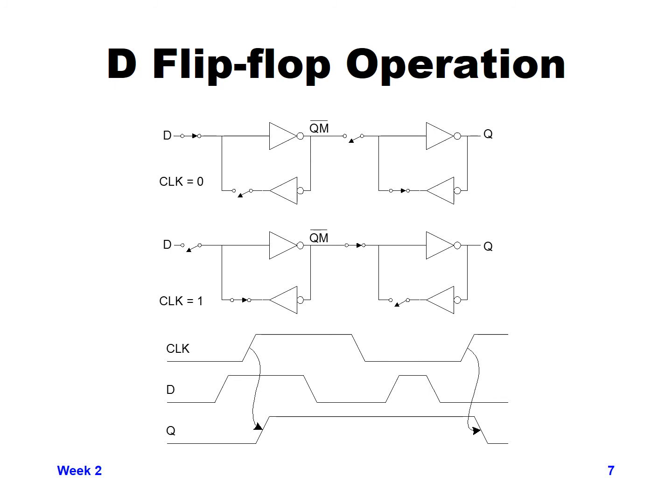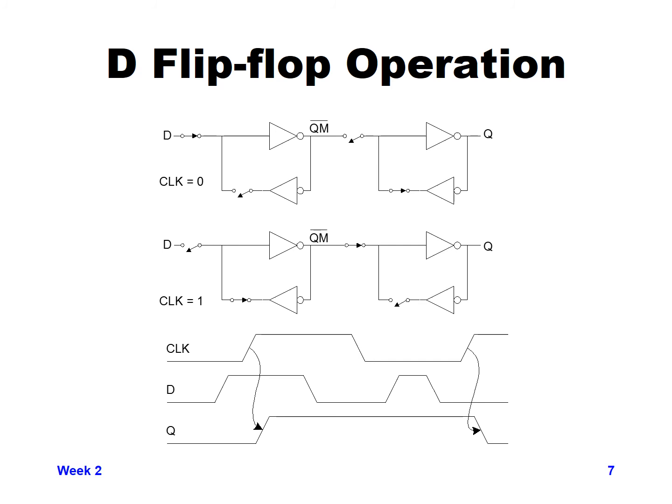The switch going from the first latch to the second latch is now closed, so QM bar gets fed through an inverter to Q, and we have our output value Q. When clock went from 0 to 1, QM bar goes through to Q, and the feedback loop of the second latch is open, so we just have QM bar going out to Q.